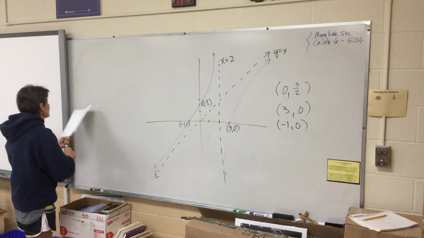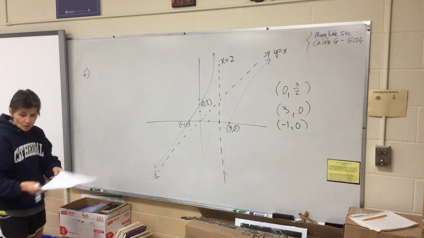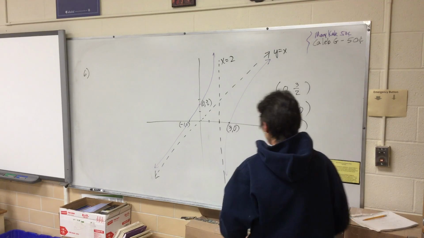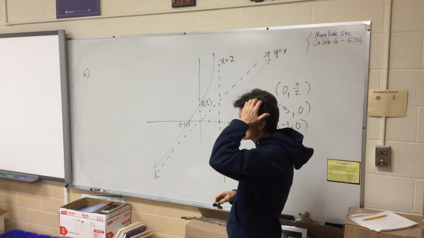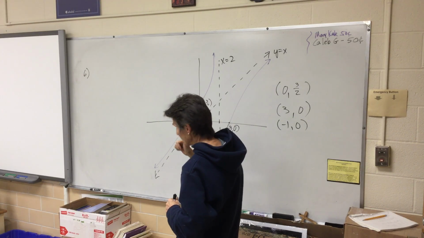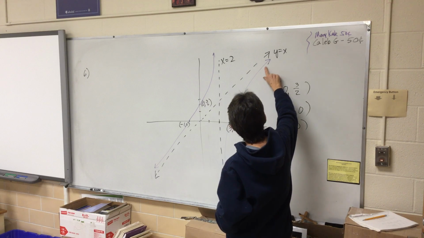So number 6 says, what's the limit as x approaches infinity? Now, what does that mean? Approaching infinity means we're going to the right, right? So let's jump on our curve and let's start going to the right.